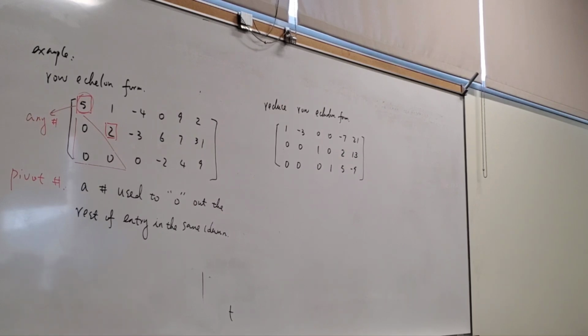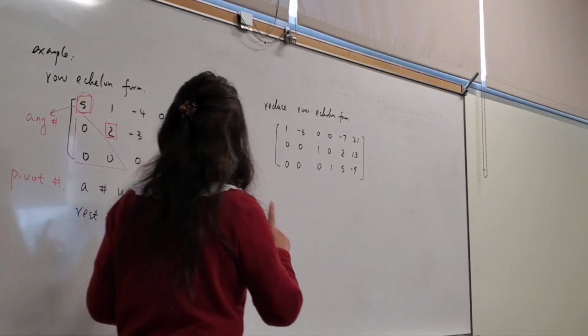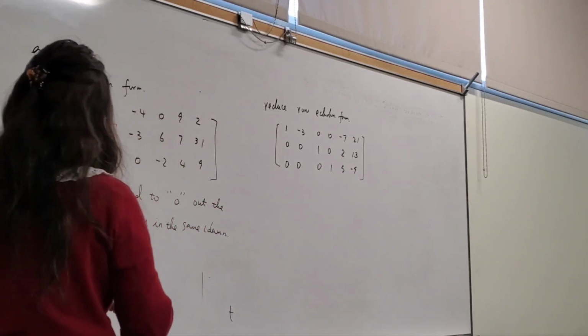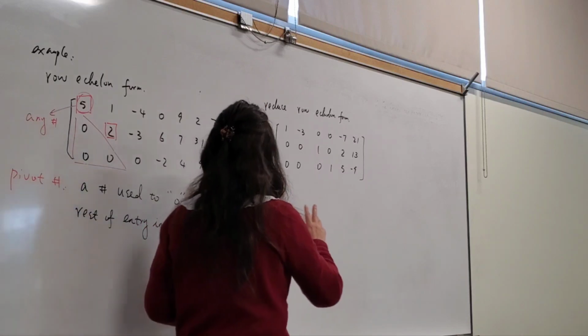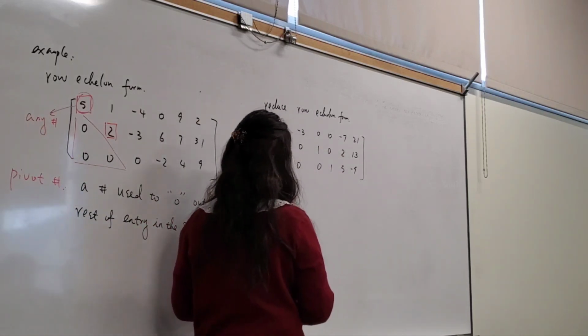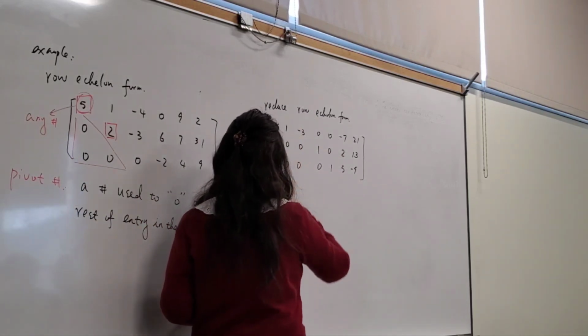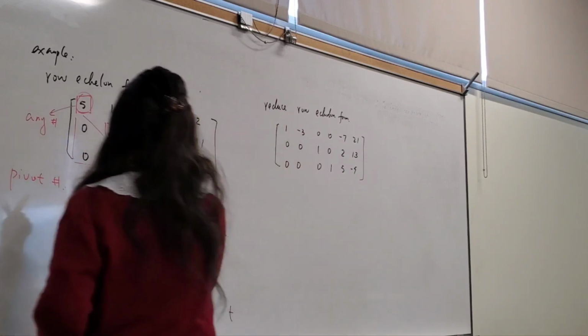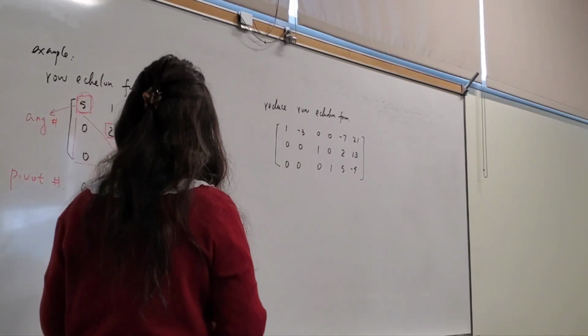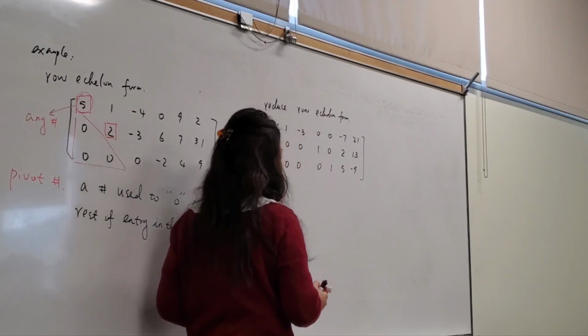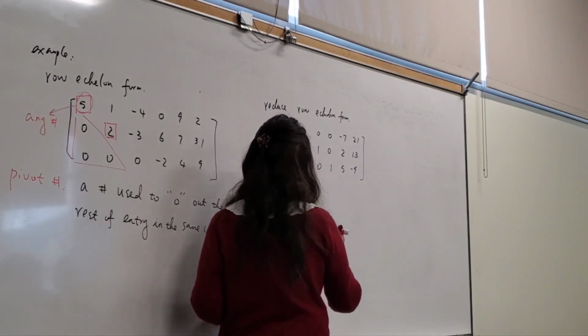Okay, so can you show me all the pivots here? This is reduced row echelon form. Reduced row echelon form means that once you get the pivot, the rest will be 0. Right? Not just the lower 0, but upper also. So how many pivots do you see?